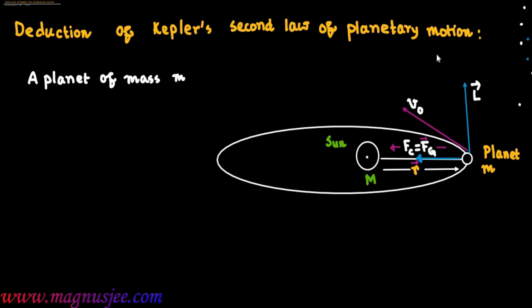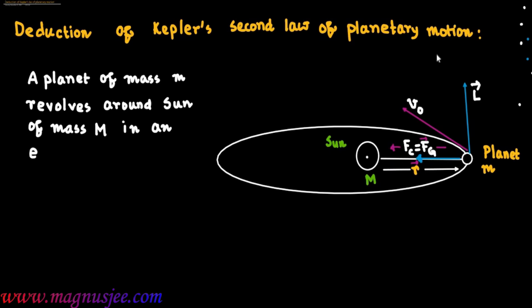A planet of mass small m revolves around Sun of mass capital M in an elliptical orbit. This is the elliptical orbit.